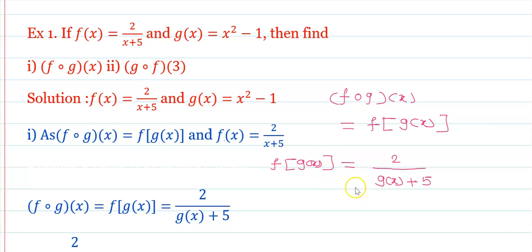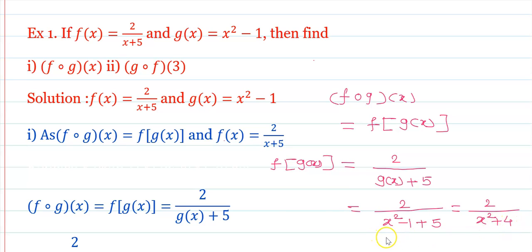Now what is g of x? g of x means x square minus 1. That is 2 upon, substitute the value of this g of x, it is x square minus 1 plus 5. Again, if you simplify this, then you will get 2 upon x square plus 4.